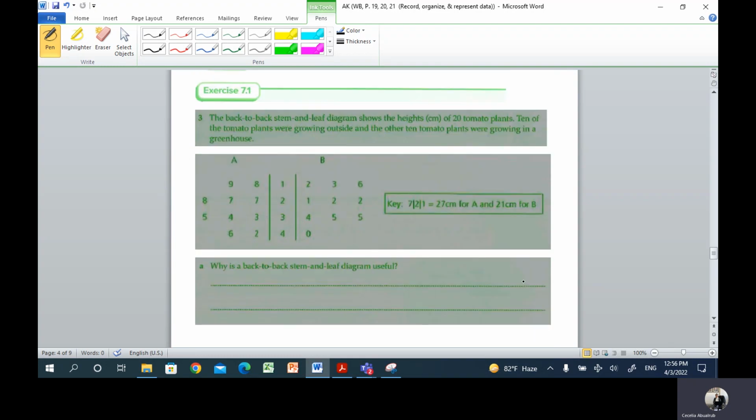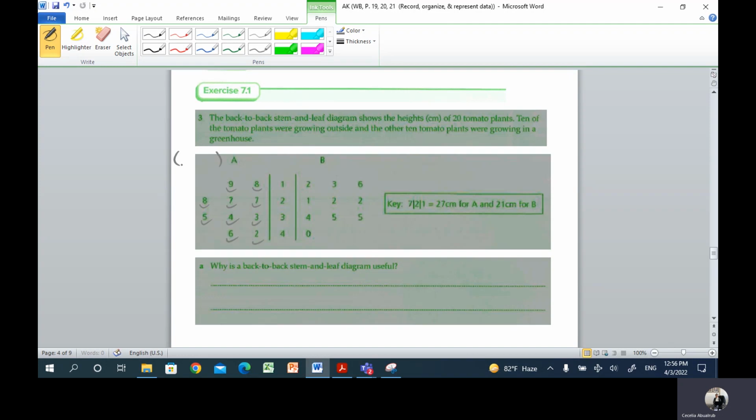So how do we know that it is exactly 10 and 10 in A and B? You just go and you count the numbers here. It's 1, 2, 3, 4, 5, 6, 7, 8, 9, 10.